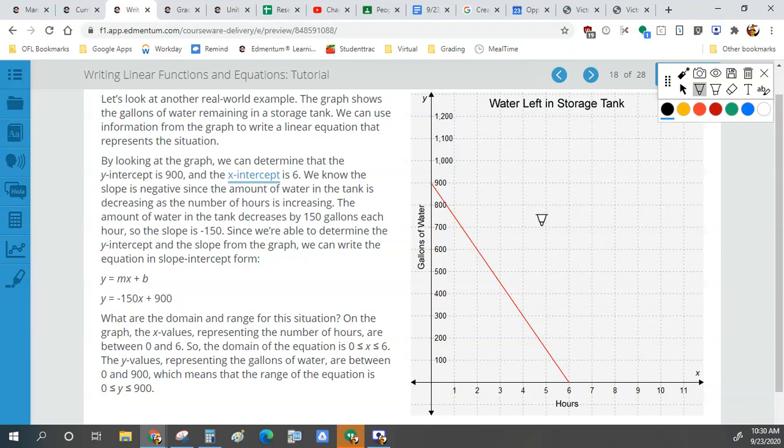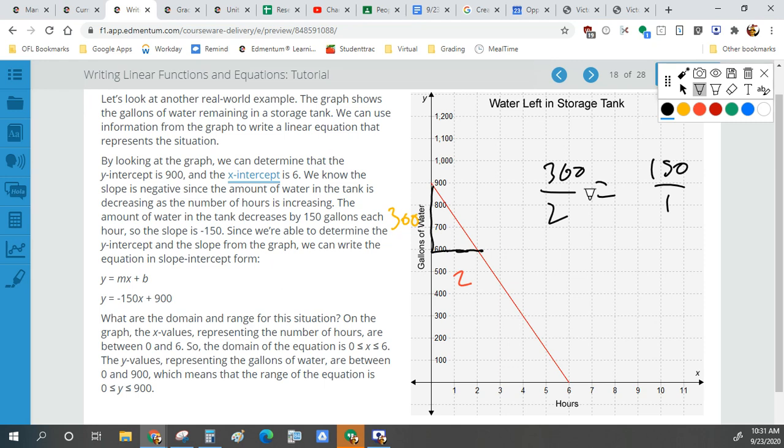So that means in 2 hours, we go down 300. So we can see that here. We went down 300 for 2 hours, which is the same thing as 150 every 1 hour. So it's just a simplified version of it.